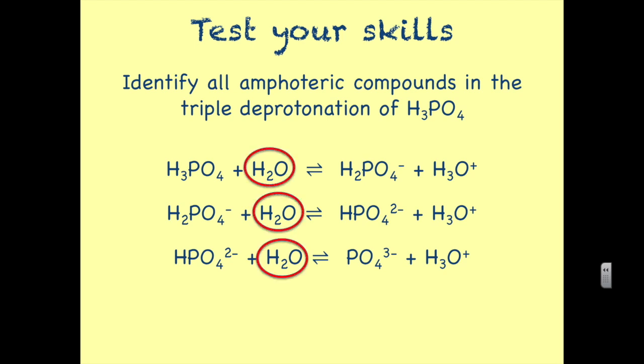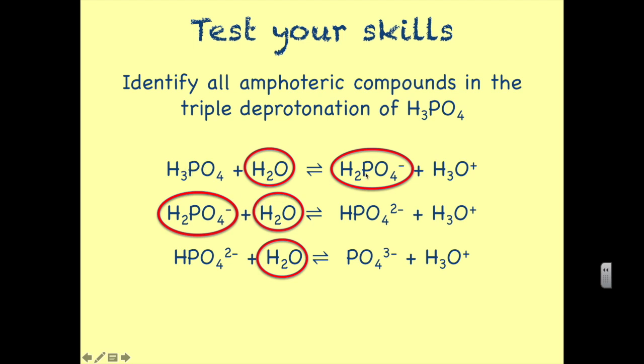You probably figured out that the waters are amphoteric because I just talked about that, but there are a few others. This one right here is amphoteric because it is the product of one deprotonation, which means one proton has been removed, but according to this reverse arrow, it can gain another proton back and go back to being phosphoric acid.